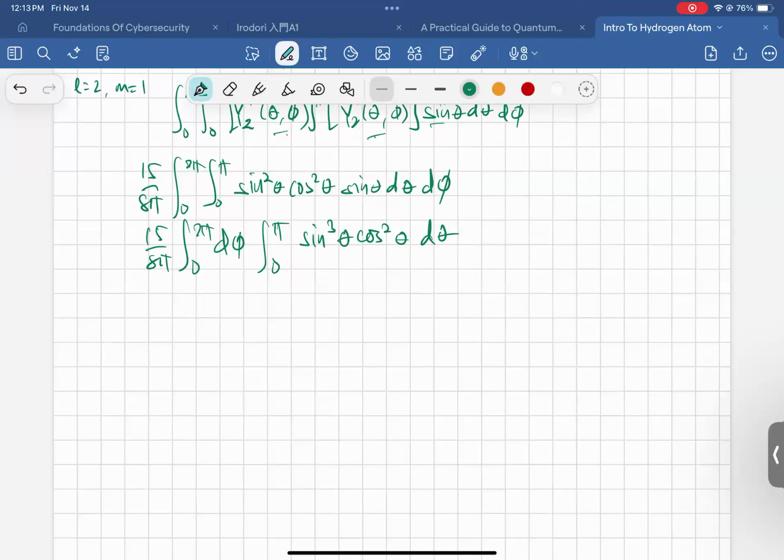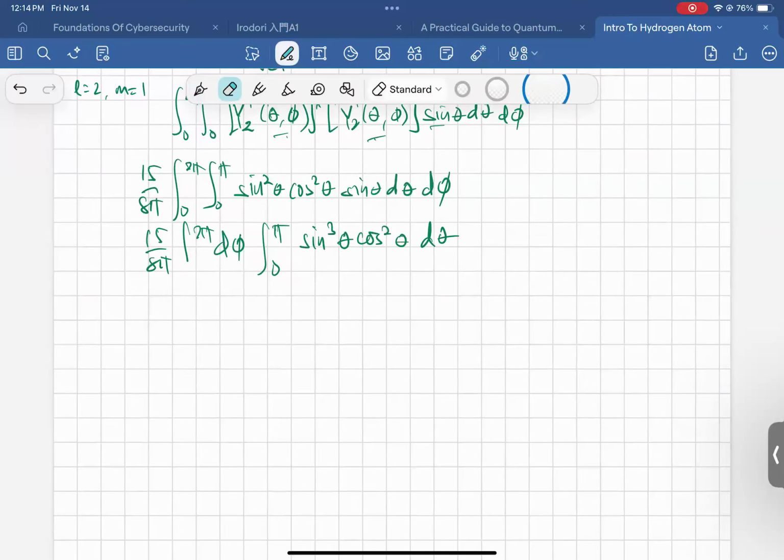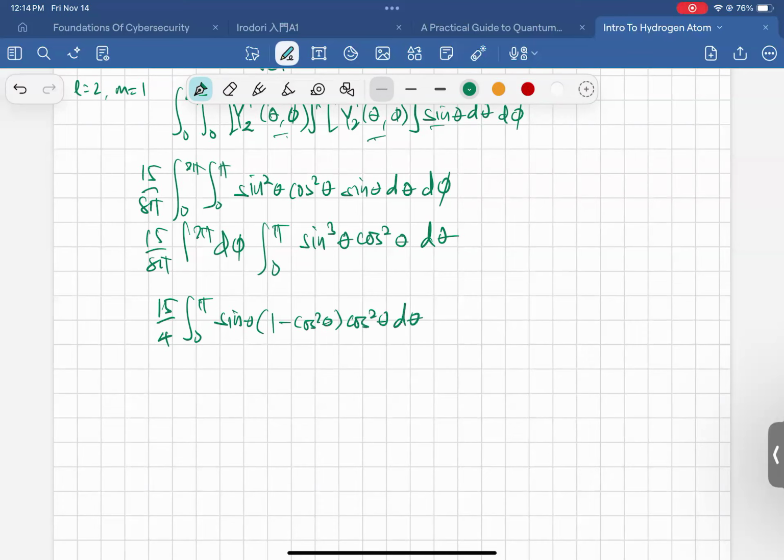So, okay ba? Mas clear ba yan? Okay, so ang gagawin natin ganito. So, 15 over 8 pi, 0 to 2 pi, ang bibigay sa atin yan is ano? 2 pi, so 15 over 4 na lang siya. And then 0 to pi. Tapos, yung sine squared, papalitan natin dito ng 1 minus cosine squared theta, cosine squared theta d theta.